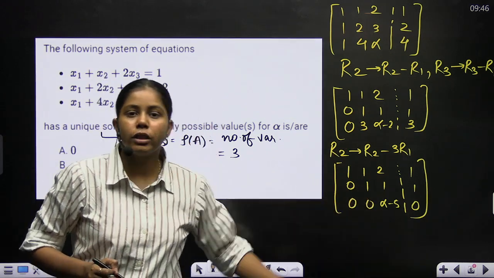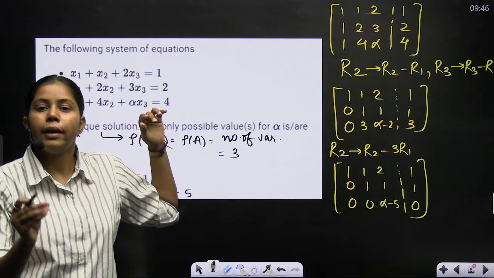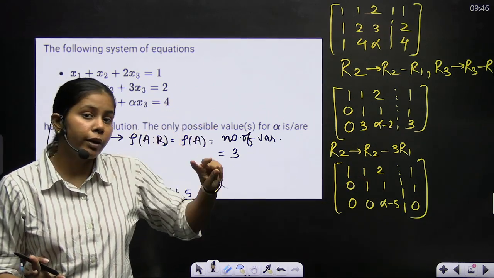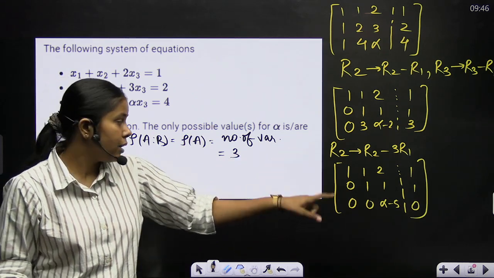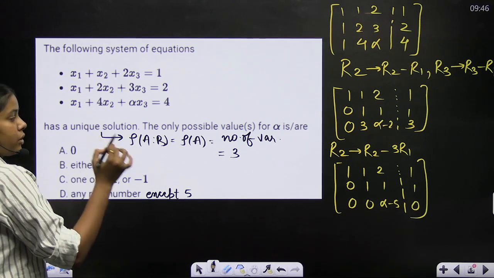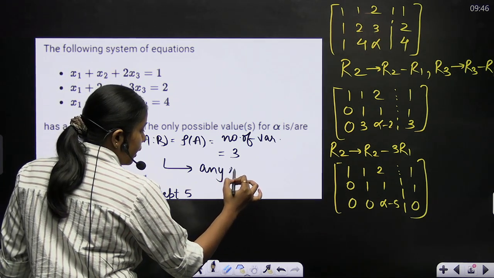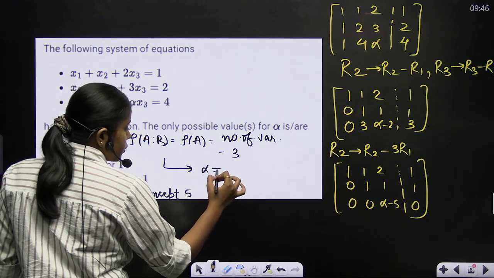So alpha would not equal 5, because if alpha became 5, the rank of A and rank of A augmented B would become 2, and then you would have infinitely many solutions. So for the system to have a unique solution, the only possible value would be any real number except 5.